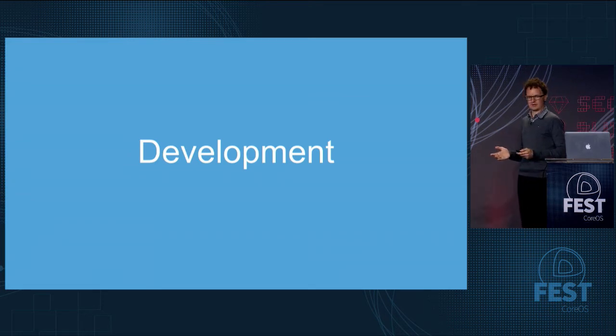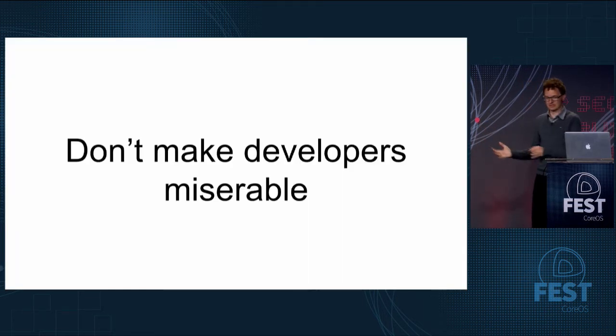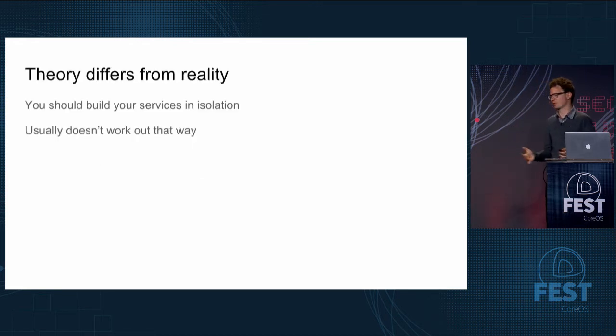They usually don't care about the infrastructure or the new toy that the infrastructure guys come up with. But speaking from experience, if you make their life miserable, these developers are not going to be very happy to adopt something new. So don't make their life miserable. Try to make their life better in the transition. And that's something we try to think about a lot when going to Kubernetes. Also because it's an opportunity to rethink some things.